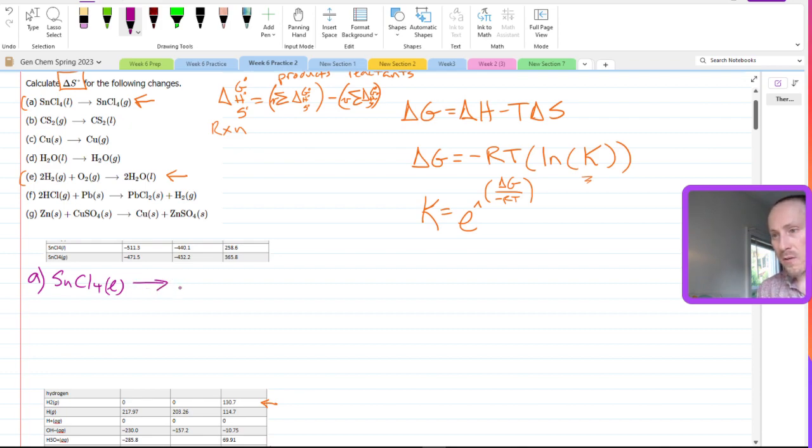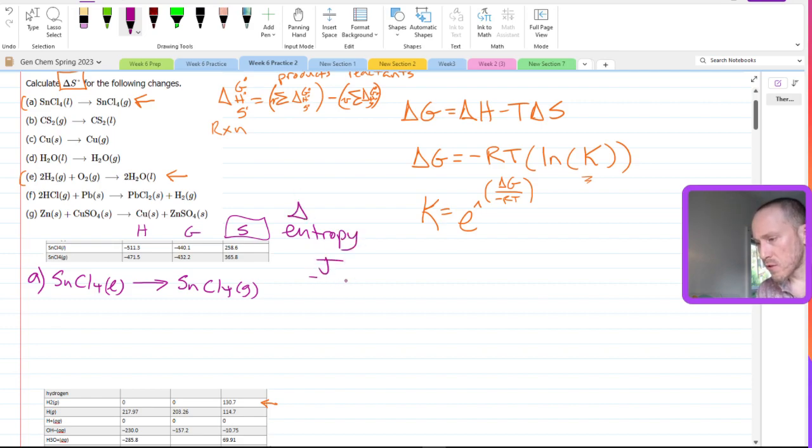Tin chloride as a liquid, and it's going to tin 4 chloride, we should say, as a gas. And we had over here, it was HGS, let's recall. And this is all about S, entropy. And the units of entropy were joules per mole Kelvin in the table.